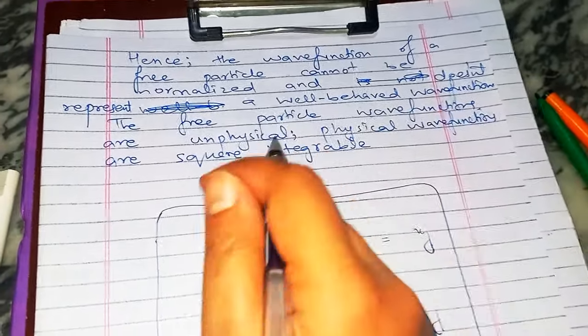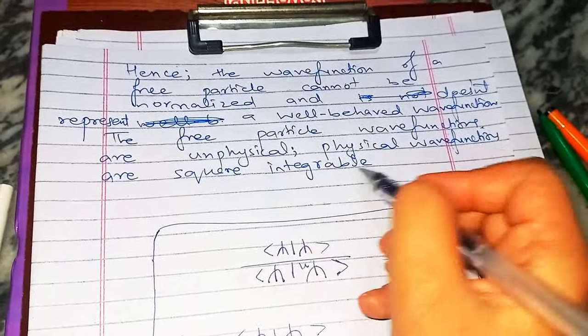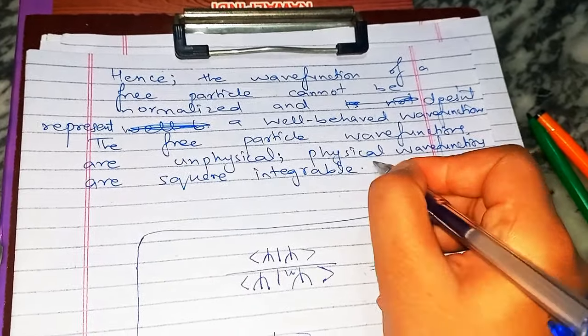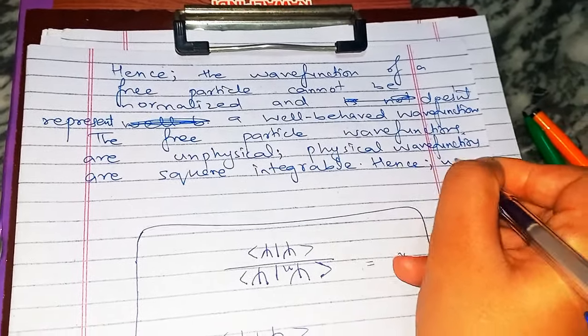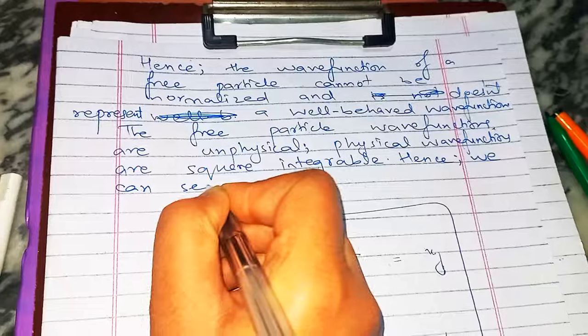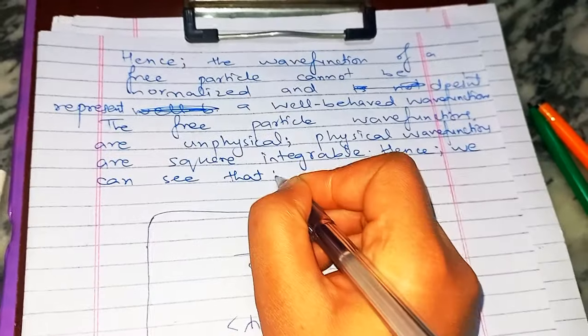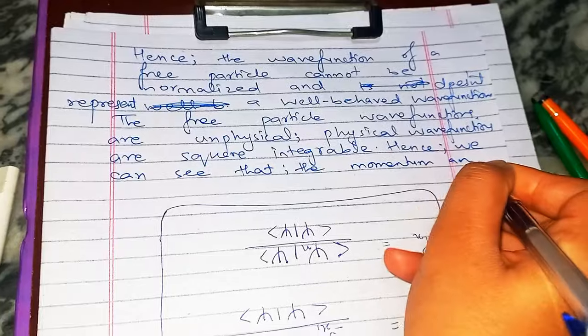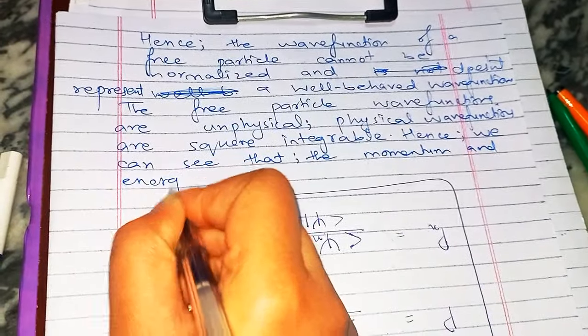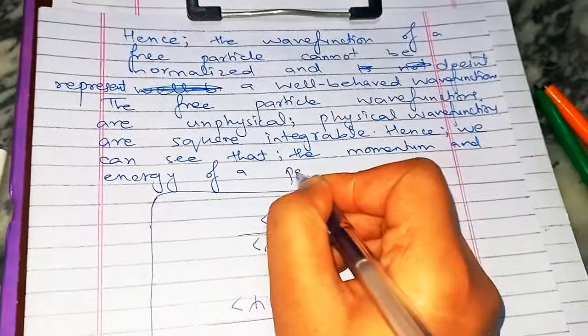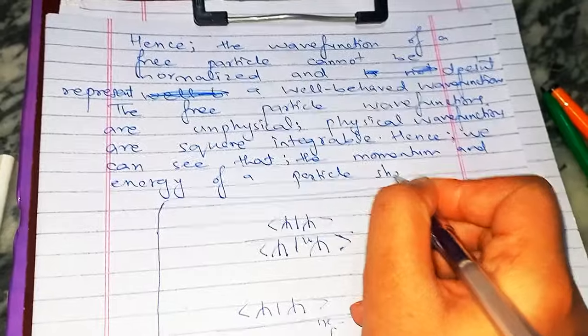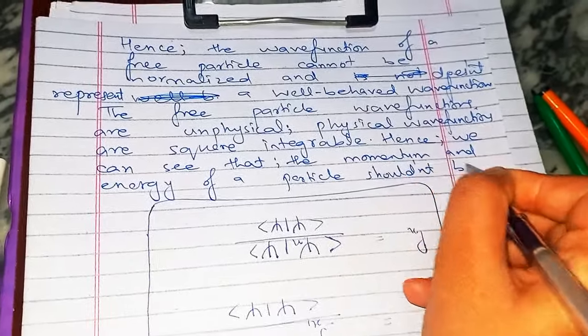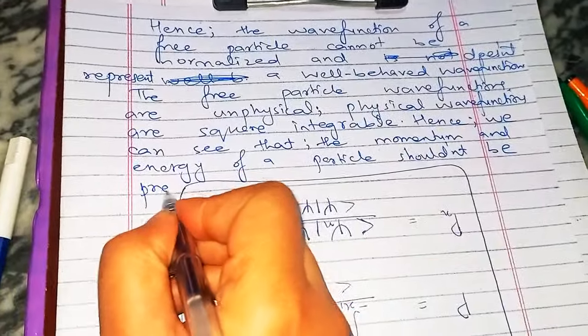So that is what we mean by square integrable. Hence we can see that the momentum and energy of a particle shouldn't be precisely defined.